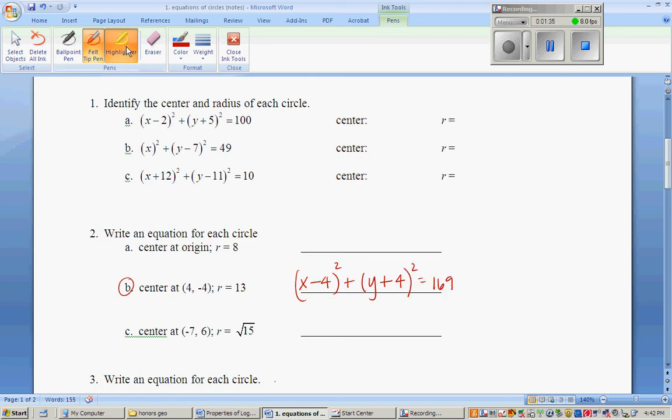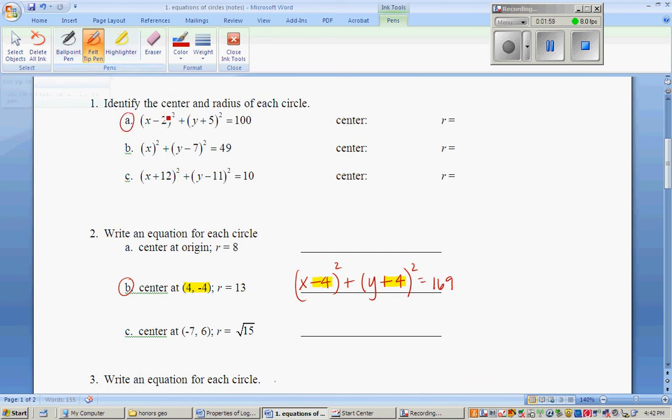Now if you take a look at these numbers, the 4 and the 4 there, and then look at the center, you can remember it is the opposite of what you want to say. If you want to say the center is negative 4, 4, remember it is the opposite of that because of the subtraction sign. So we're going to scoot up to section 1, and we're going to now look at this.